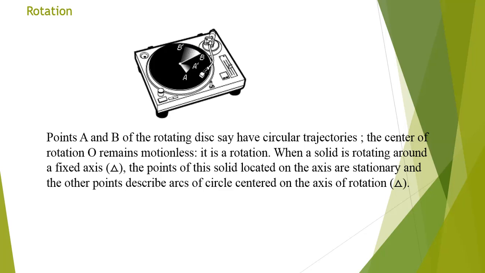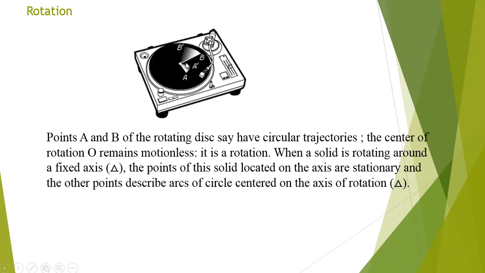It is a rotation. If we observe this figure, during the rotation of the disk, A describes a circle centered at O and of radius OA, and B describes another circle centered at O but of radius OB.